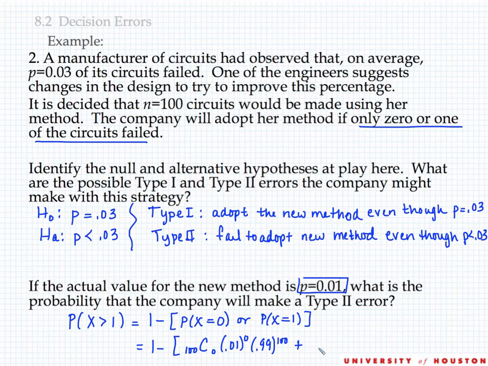And then for x equals 1, we have 100 choose 1, 0.01 to the 1, 0.99 to the 99. And this comes out to be approximately 0.264. So that's the probability of our type 2 error. So we stand above a 25% chance of making a type 2 error if our actual value for the new method is 0.01.